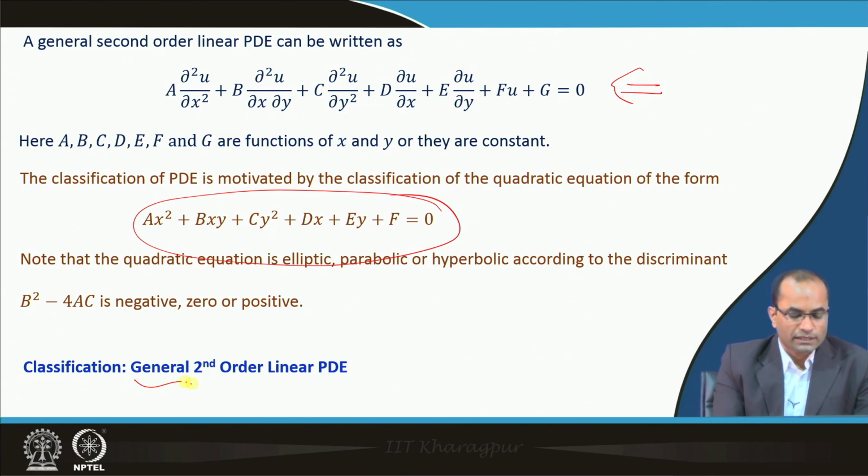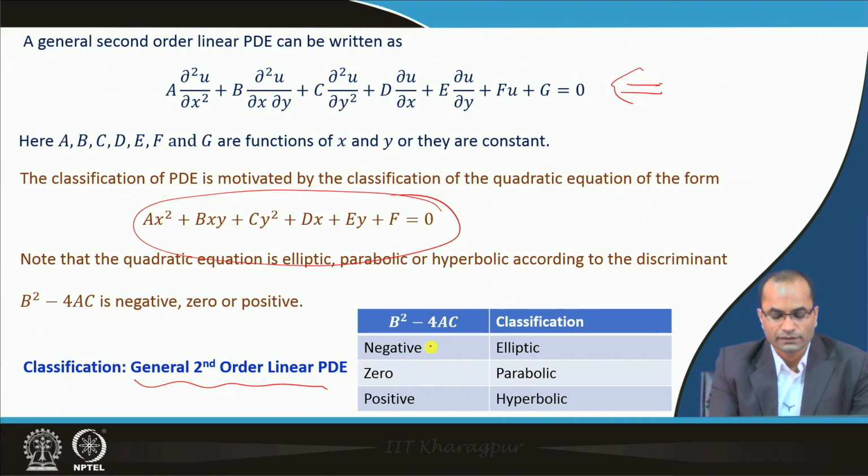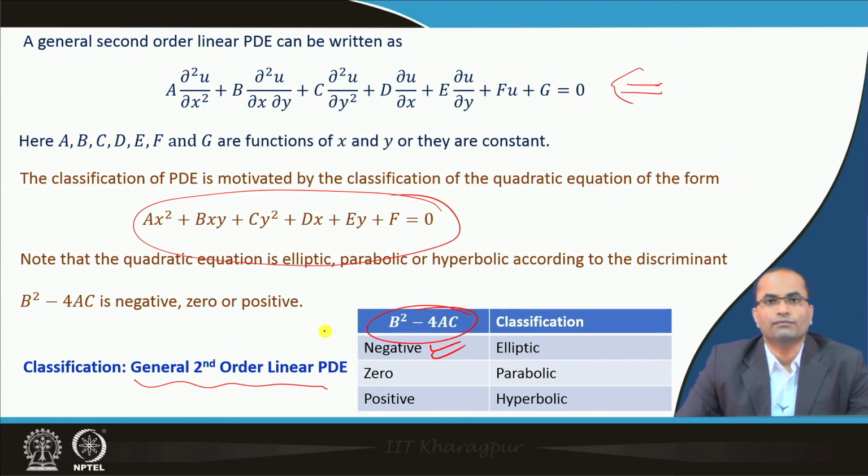That means, for the second order linear differential equation, if this b square minus 4ac is negative, then this partial differential equation is called an elliptic partial differential equation, and if it is 0, then it is called a parabolic partial differential equation. Similarly, if this b square minus 4ac is positive, then this equation is called a hyperbolic partial differential equation.